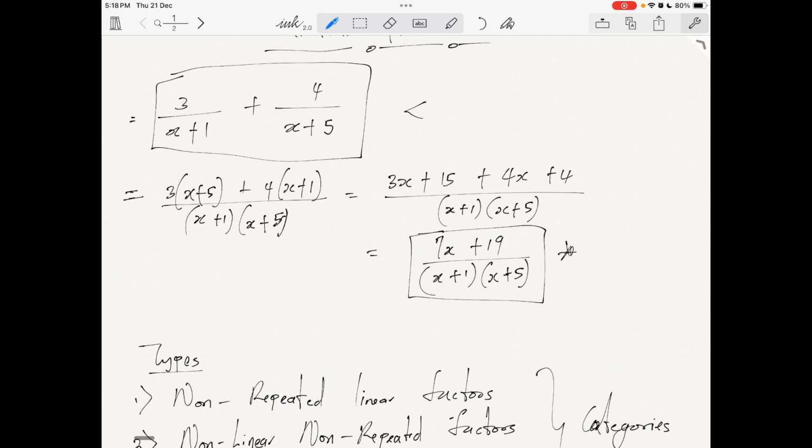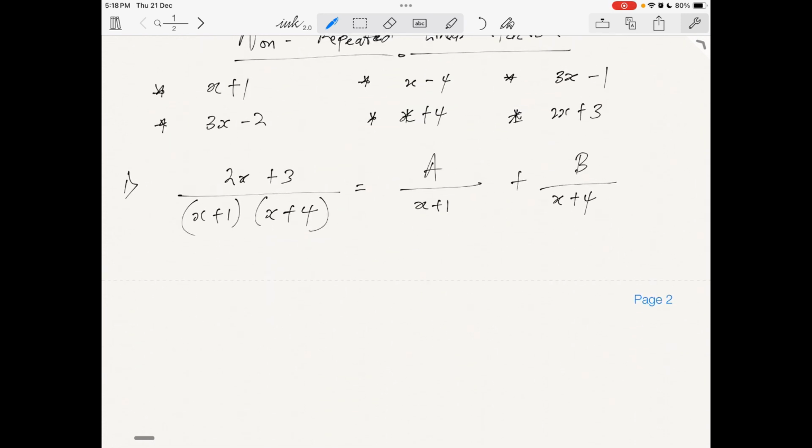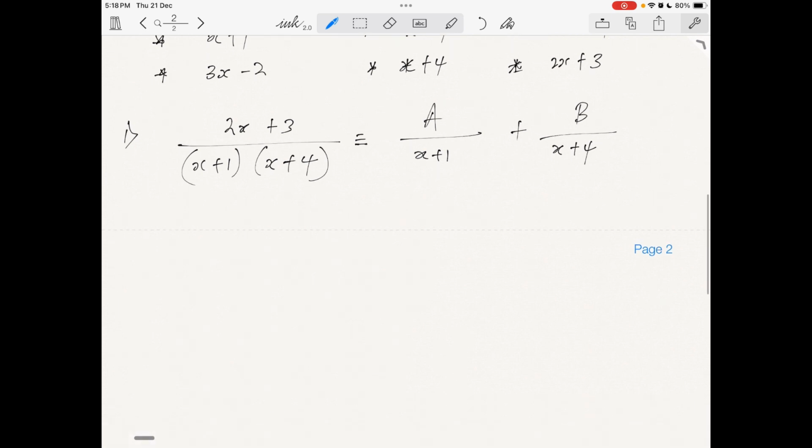To go backwards, we split them into two, x plus 1 at the denominator and x plus 5 at the denominator, and we call this one A and this one B. To solve this, we look for the LCM, so this is equivalent to this.